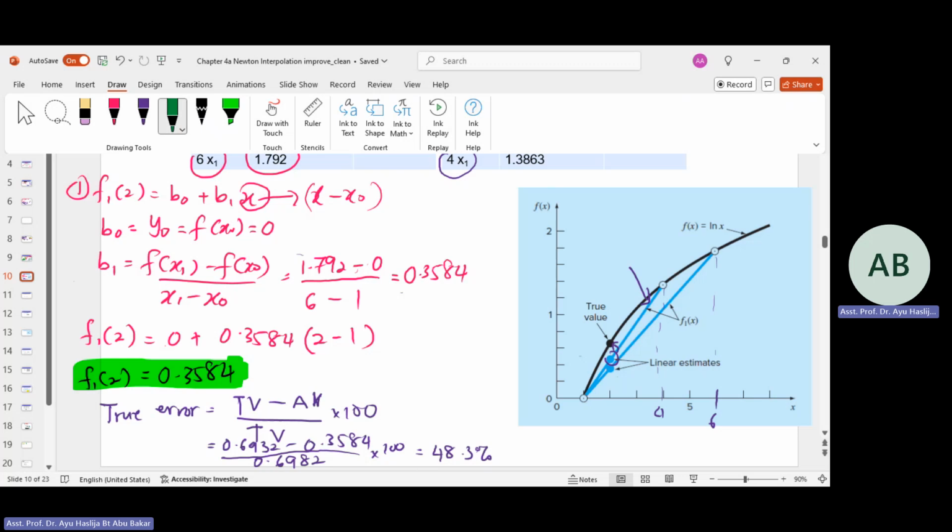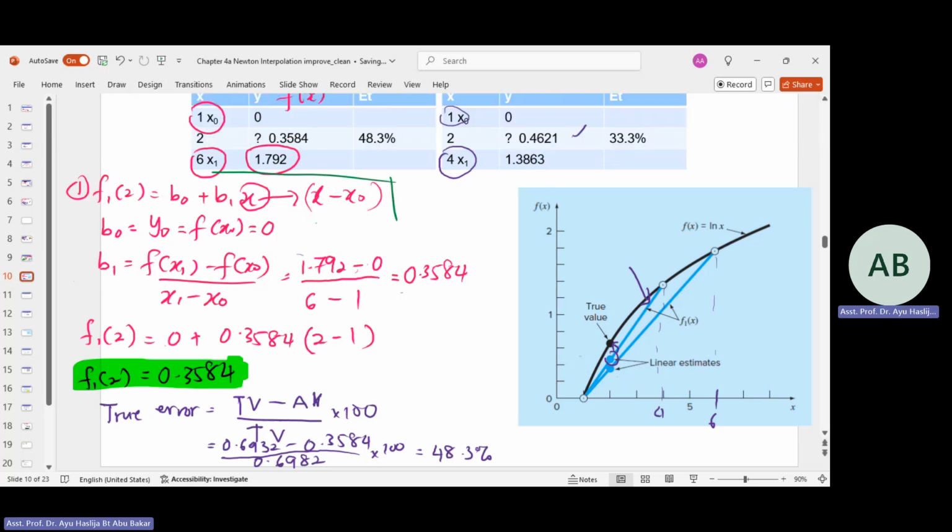Now, in this equation, when it comes to linear, x minus x0 doesn't matter what the value is. So x here is the given. In this question, you are required to find ln 2, so x here is 2. x0 is your previous data point, which equals 1.